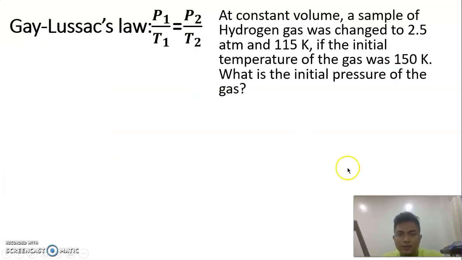I want you to try to solve this. At constant volume, a sample of hydrogen gas was changed to 2.5 atmosphere and 115 Kelvin. If the initial temperature of the gas was 150 K, what is the initial pressure of the gas? So you were given the P2 and T2, and you have to solve for the P1 of this setup.